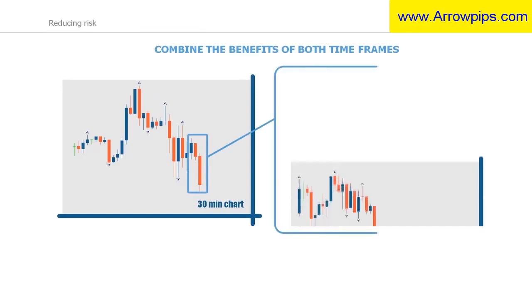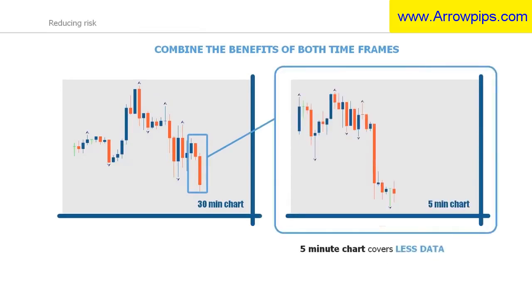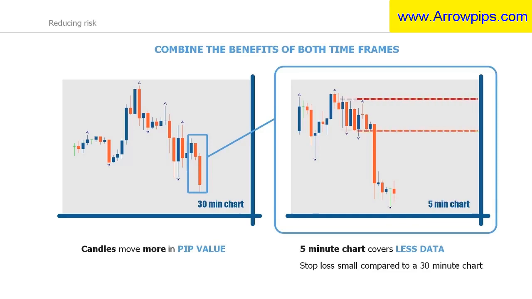When moving down to the 5-minute time frame, you will notice that the chart covers far less data than you would find on the 30-minute time frame. You will also notice that the candles normally move less in pip value on the 5-minute chart than they do on a 30-minute chart. When trading the beginner strategy, following the rules of stop placement, you place your stop loss at the tip of the 5-minute up fractal in a short trade.